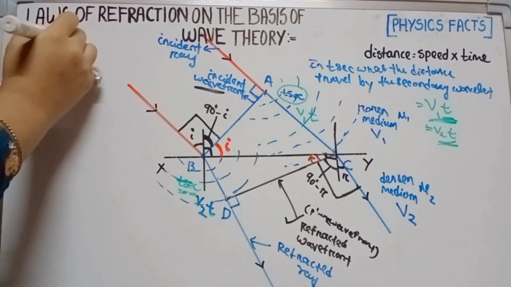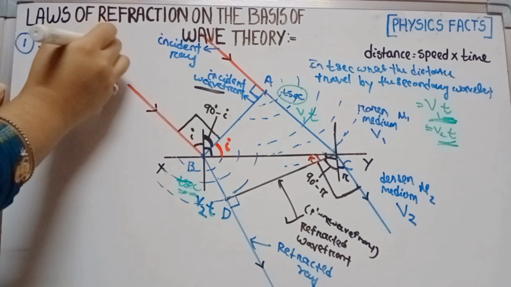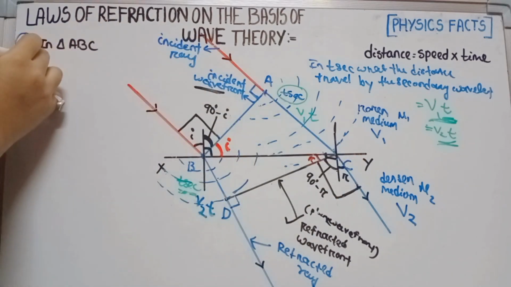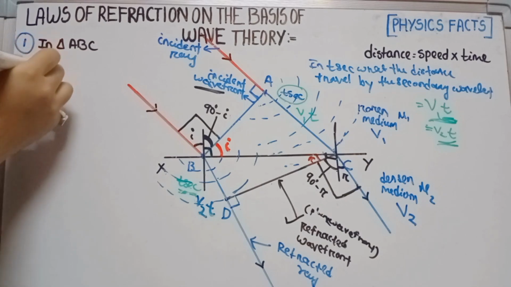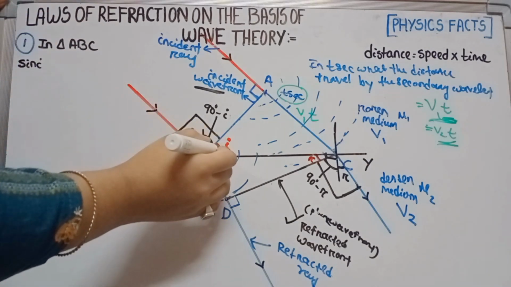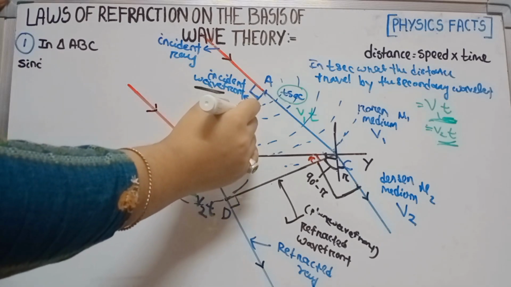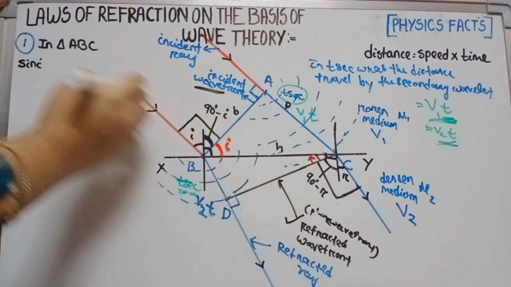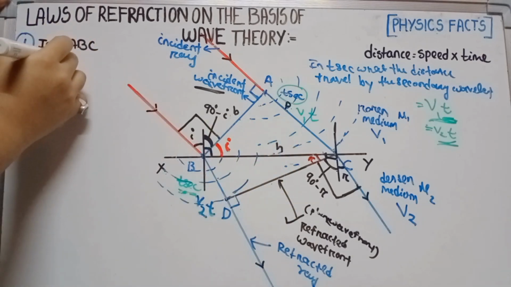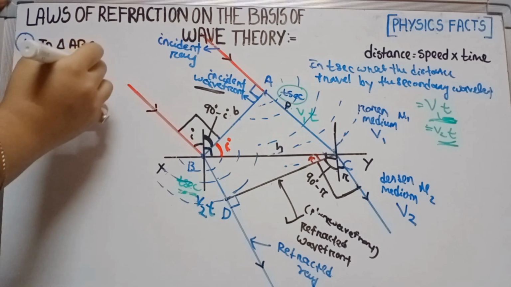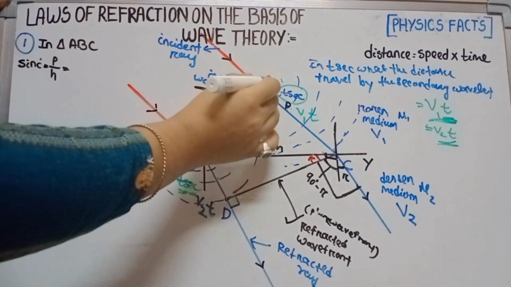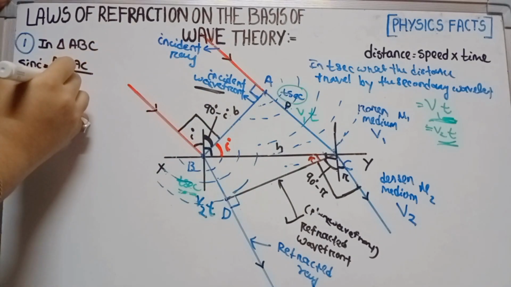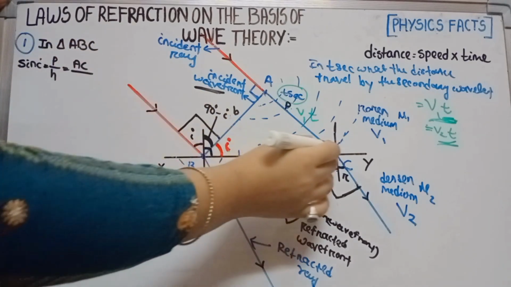In triangle ABC, this is the angle I. Here we take sin I. If this is angle theta, then this one is B, this one is P, and this one is H. We know that sin theta equals P by H. So sin I equals P by H. What is P? This AC is P. And what is H? H equals BC.